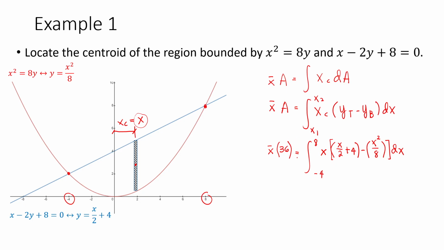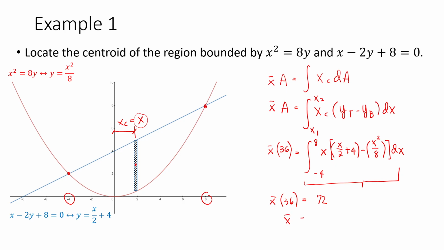So I think in your calculator you're going to solve the integral equation first, since you'll be having many unknowns, so you cannot use shift solve. So this will be bar x times 36. Then this will be 72.